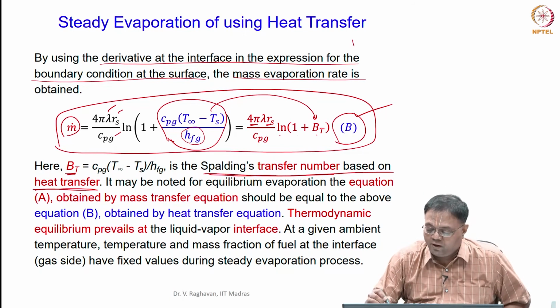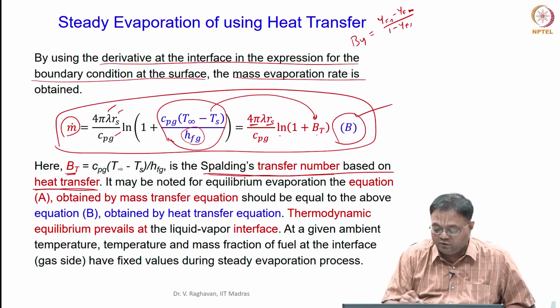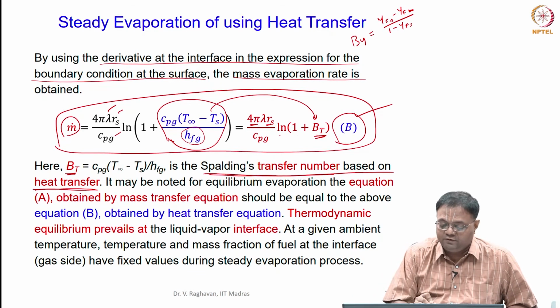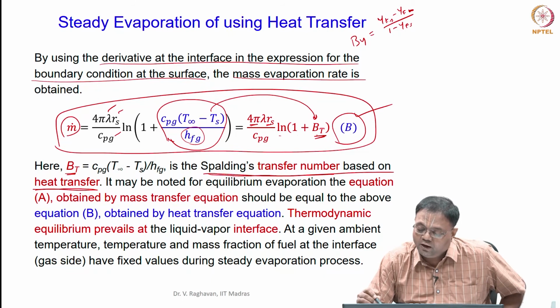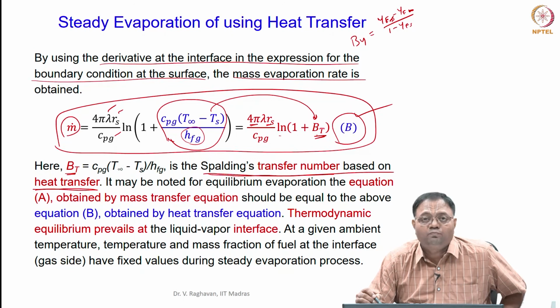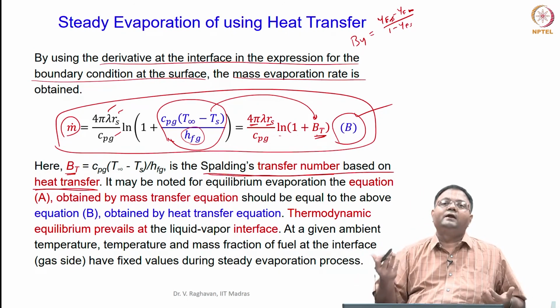For mass transfer, By was defined as Yfs minus Yf infinity divided by 1 minus Yfs. For the heat transfer, Bt is defined with Cpg. Please understand that the physical significance is the difference between the surface mass fraction of the fuel, Yfs, and that at infinity, which represents the gradient.